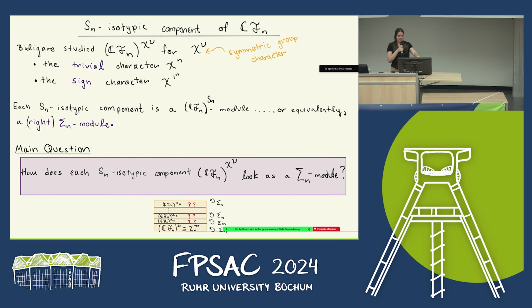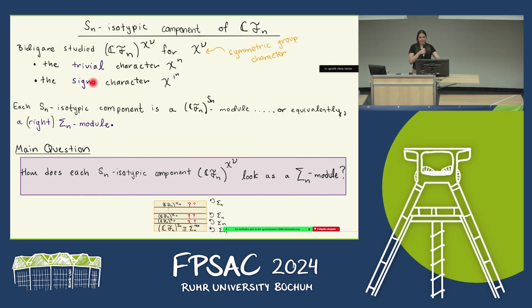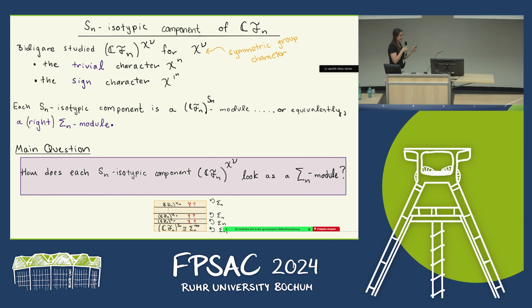He studied the isotypic component for the sign character. He proved it's always a one-dimensional, nilpotent subalgebra of the face algebra. And like we said on the previous slide, each of these components is a module over the invariant subalgebra. So in other words, because of Bidiger's anti-isomorphism, it's going to be a right module over the descent algebra.